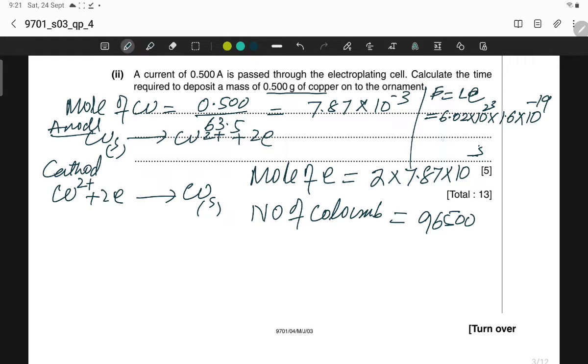This is calculated experimentally, and is equal to 96,500 coulomb.